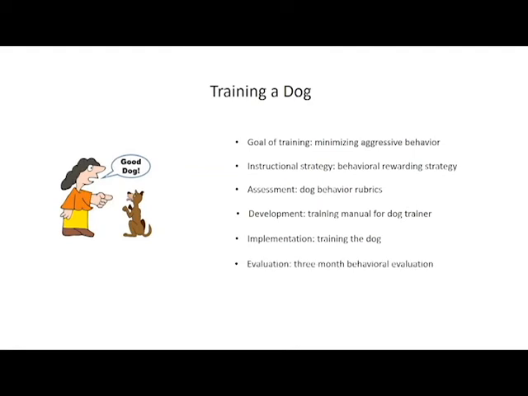Finally, is the phase of evaluation. After the 3 months training, the dog behavior will be evaluated. This is a design process which requires system thinking. It's a model-driven and a procedural.